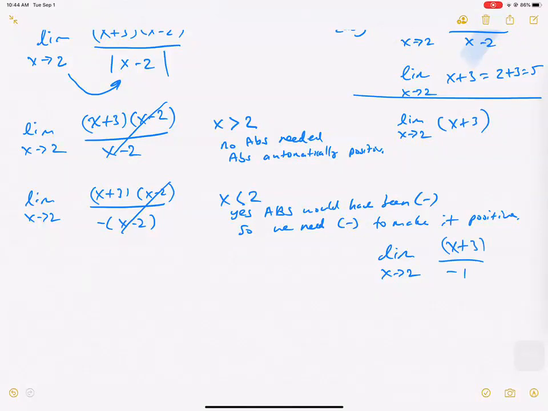So as we plug in the limit on top, 2 plus 3 is the 5 I was expecting. But in the other version, we have 2 plus 3 divided by negative 1, which is actually negative 5.